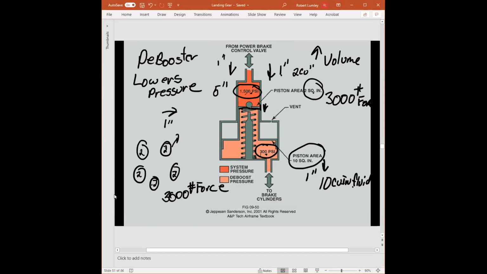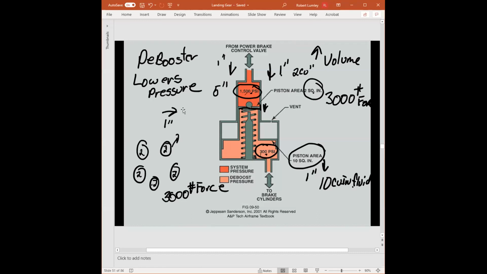They're idiots. I'm sorry. So just remember the FAA questions and go with your answers. If I ask you a question, it might be something like, what are the two things that a debooster does? It lowers the pressure and increases the volume.